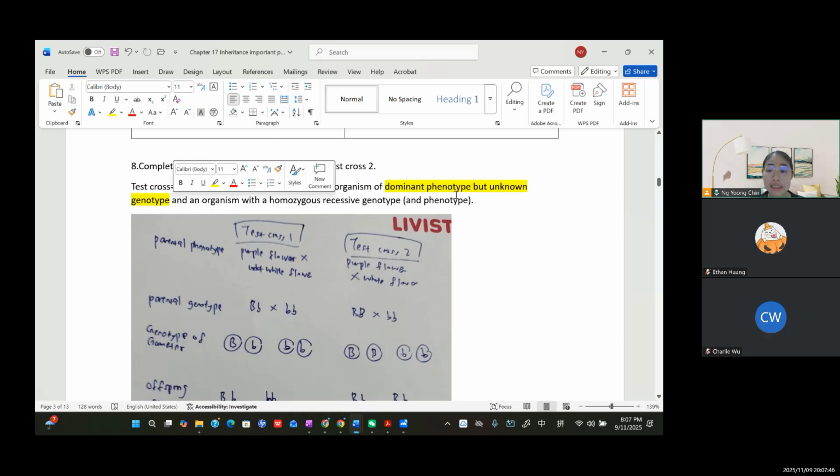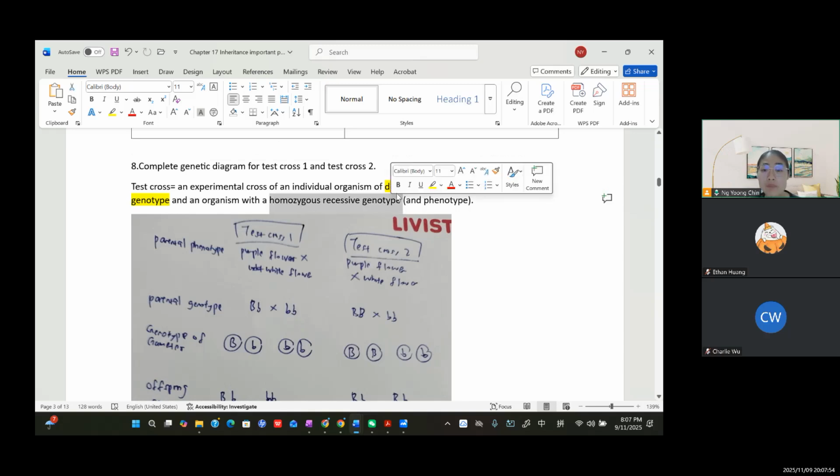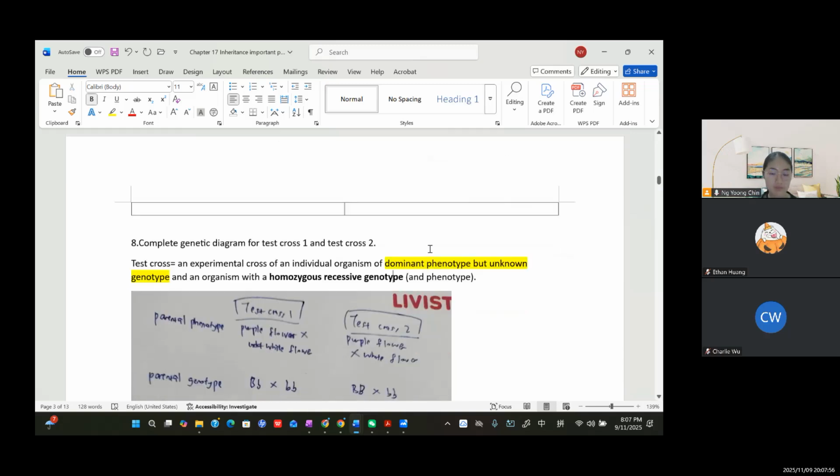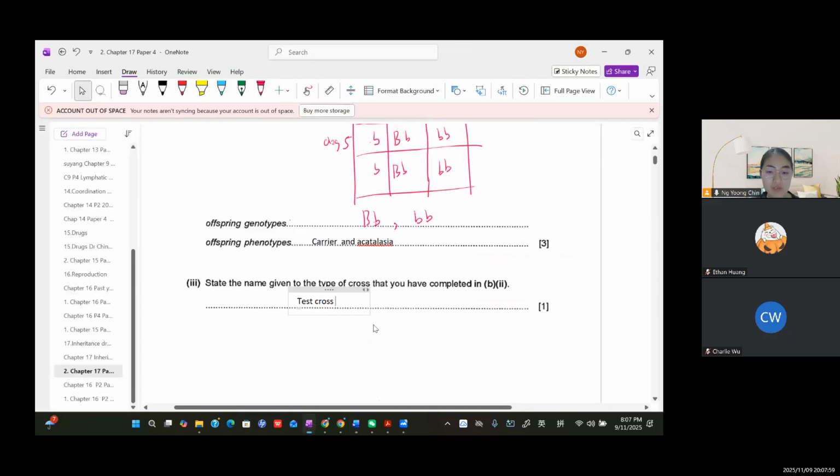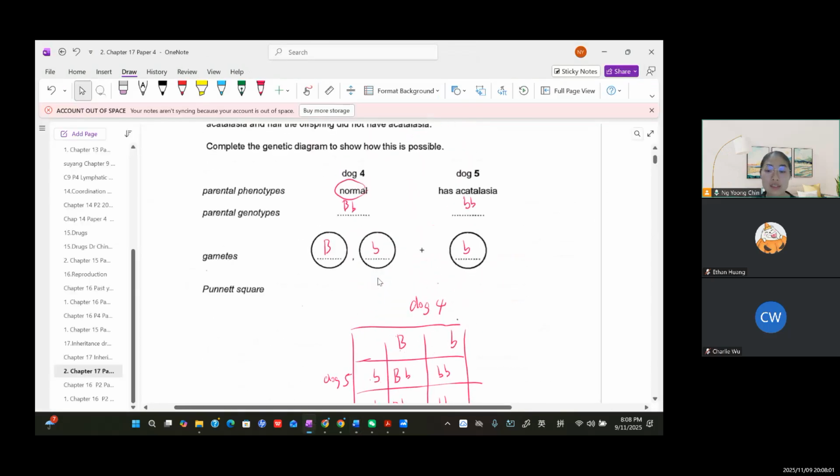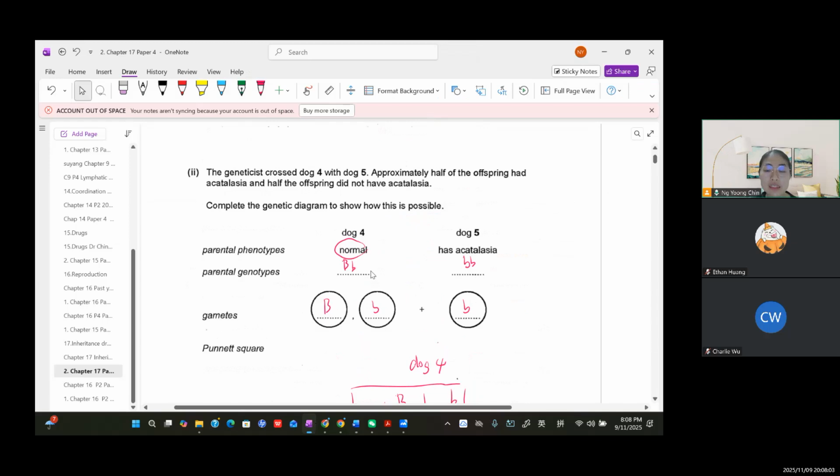You are not sure whether it's heterozygous dominant or homozygous dominant. So that's why you need to do the test cross with the homozygous recessive genotype. So this is test cross, okay? Because you are crossing this heterozygous dominant with the homozygous recessive alleles.